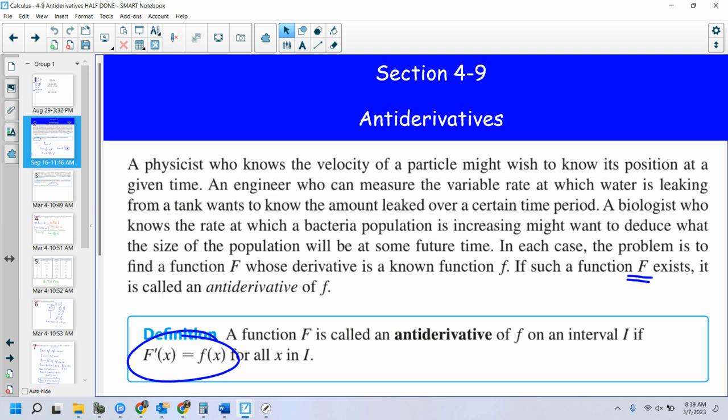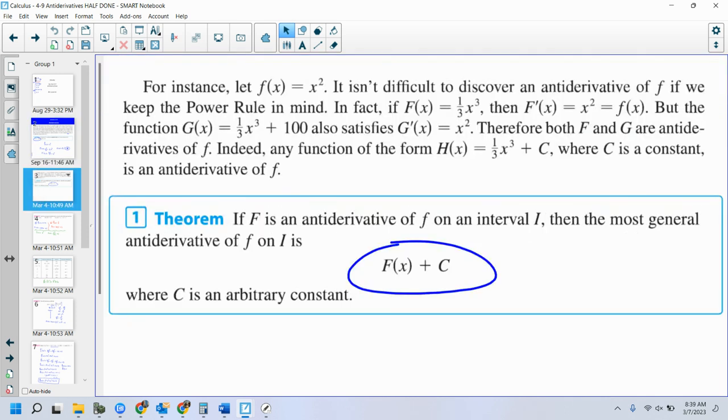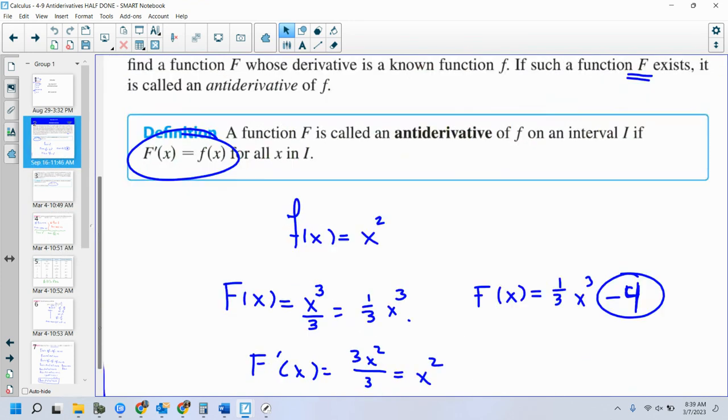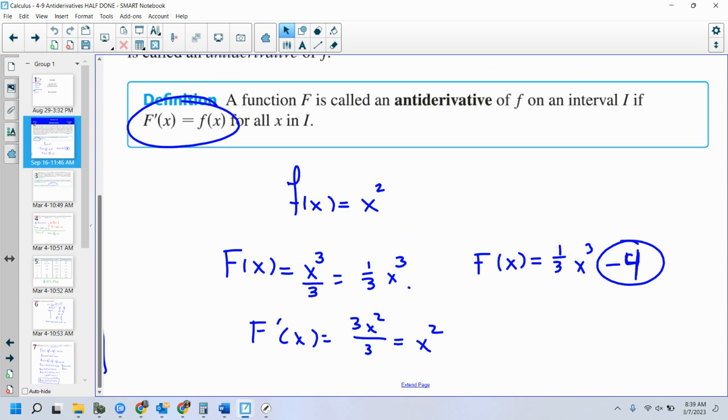Okay, so antiderivatives. We talked about finding an antiderivative with x squared in it, right? We were like, okay, if it's an x squared, think about what the derivative would be, and then think about how you would work backward based off that.